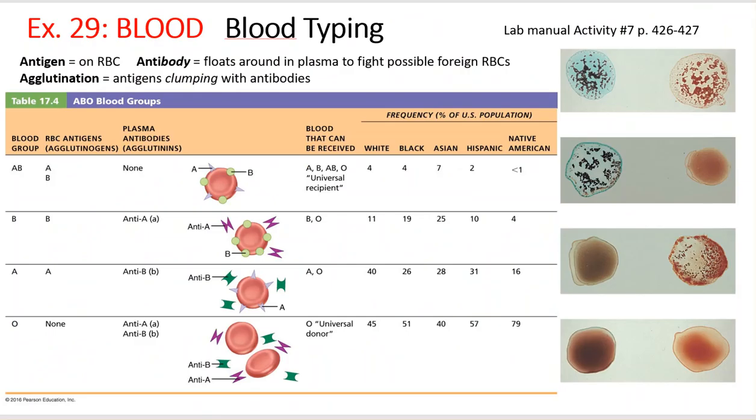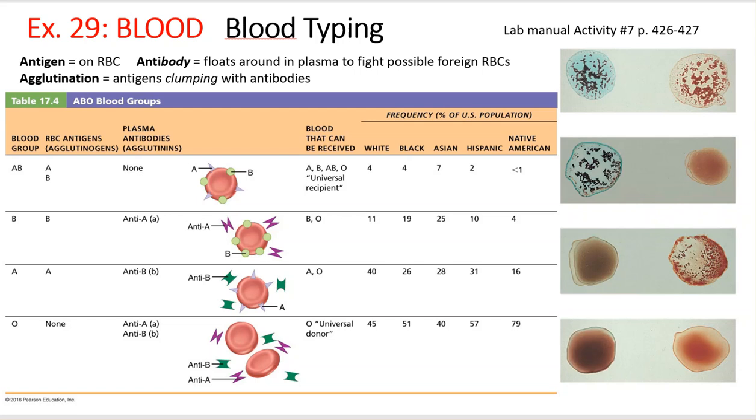So here we are. I just want to go over how we come up with blood type. These slides right over here, you're going to be seeing in the video. But first off, I want to talk about how you get your blood type. There are two major factors that give us blood type.